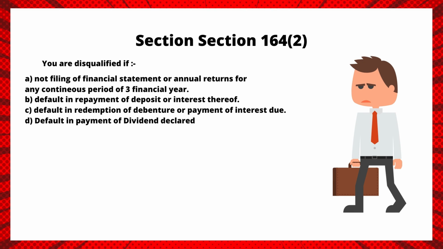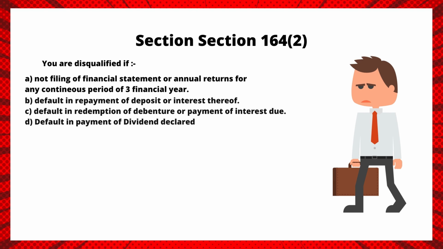Now section 164 subsection 2 actually has clauses which can be divided into 2 parts, that is clause A and clause B, but here we're going to divide it into 4 parts, that is clause A, B, C and D. Section 164 subsection 2 clause A says that non-filing of financial statements or annual return for any continuous period of 3 financial years means you are disqualified to be a director of the company.